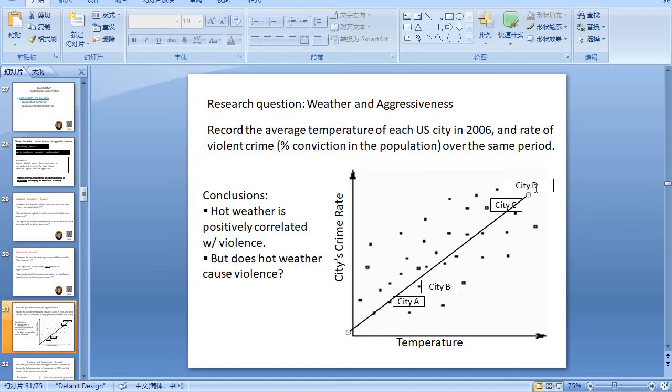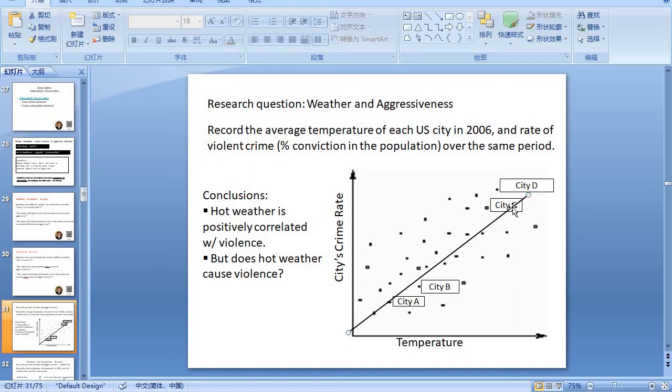So weather is not the only possibility. The other possibilities are there and uncontrolled. You are comparing cities with a lot of differences, in many different dimensions. Temperature is only one of the dimensions. They vary.